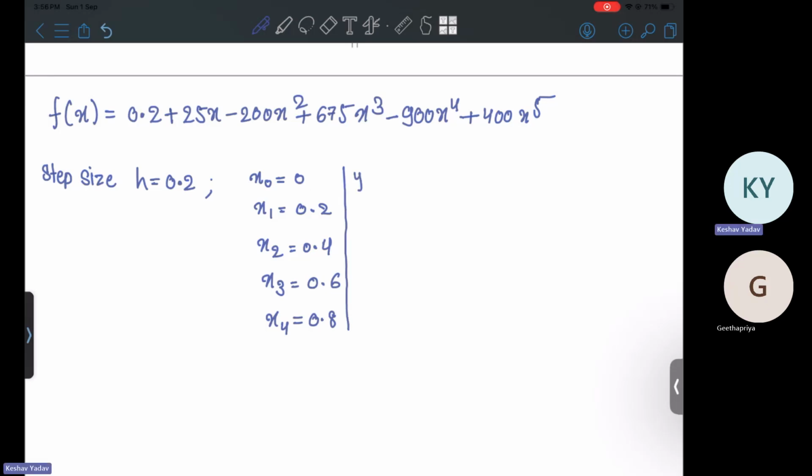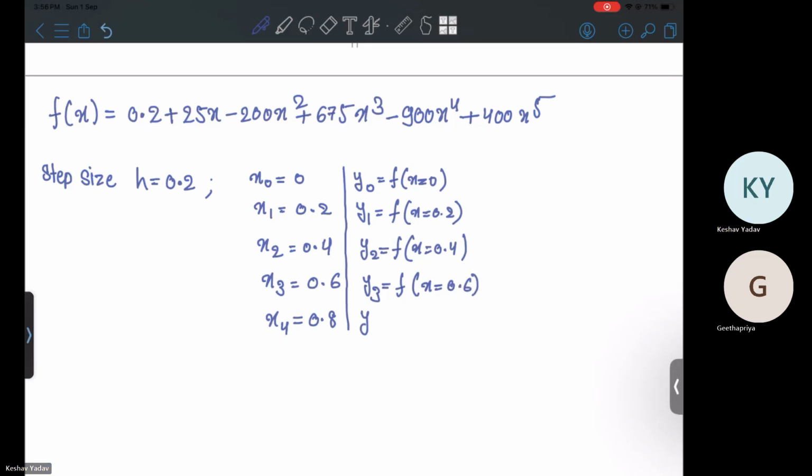At these points, y0 is f at x equal to 0, y1 is f at x equal to 0.2, y2 is f at x equal to 0.4, y3 is f at x equal to 0.6, and y4 is f at x equal to 0.8.